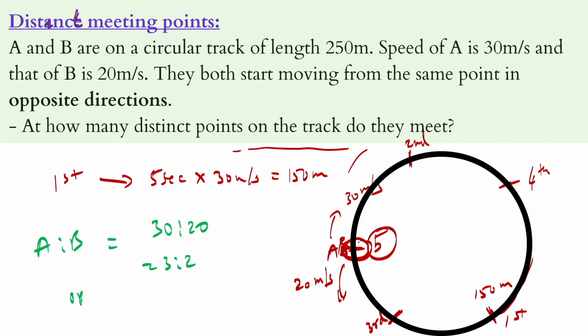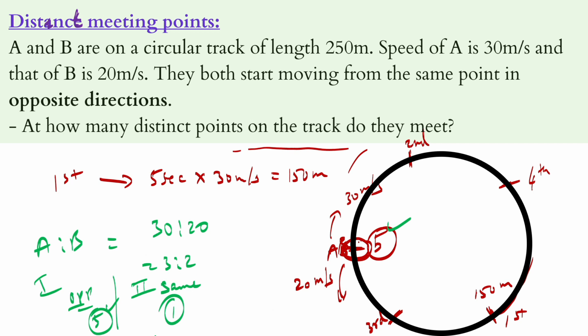Now we have two cases. Opposite direction is case 1 and same direction is case 2. In the opposite direction, as we know, we have to add the speeds, right? So 3 plus 2 is 5. We got this 5 here, and this 5. These two are the same. And in the same direction, what must we do? We must subtract, 3 minus 2, that is 1.